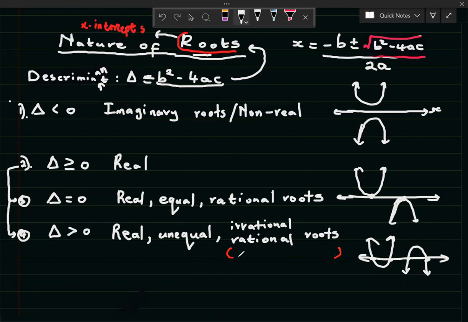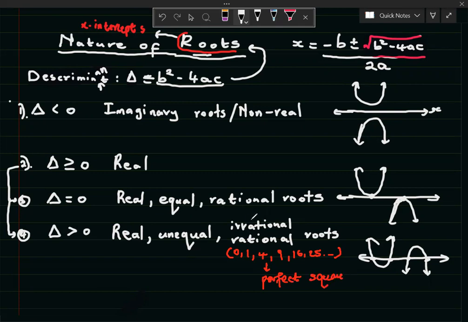By perfect square, I mean 0, 1, because 1 times 1 is 1, 2 times 2 is 4, 3 times 3 is 9, 4 times 4 is 16, 5 times 5 is 25, and so on. So we need to have a perfect square for the roots to be rational.